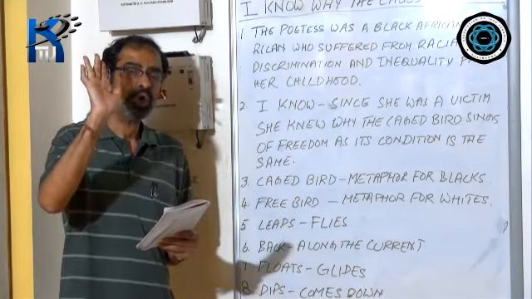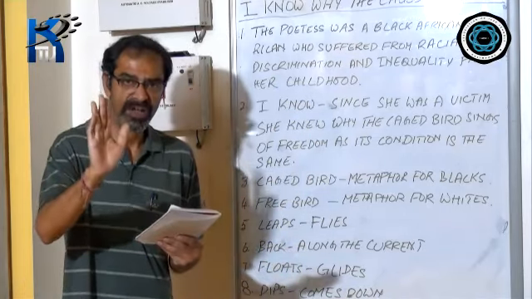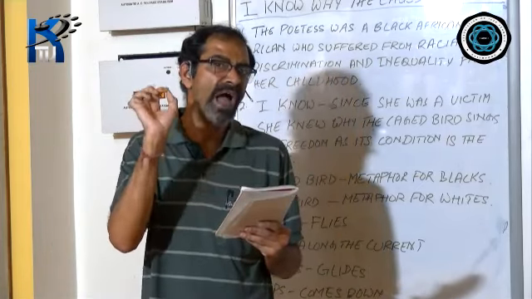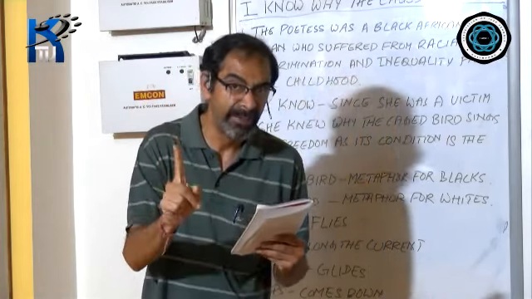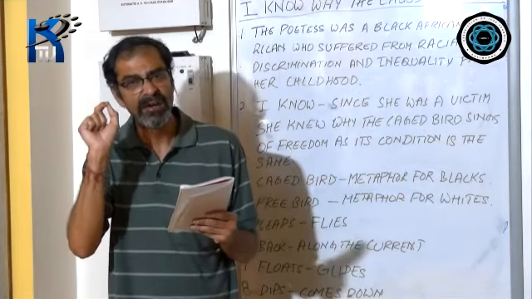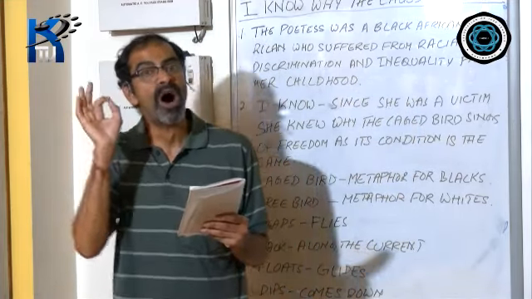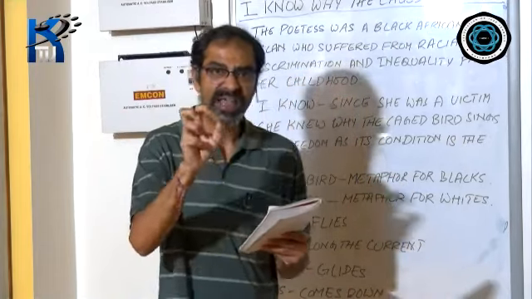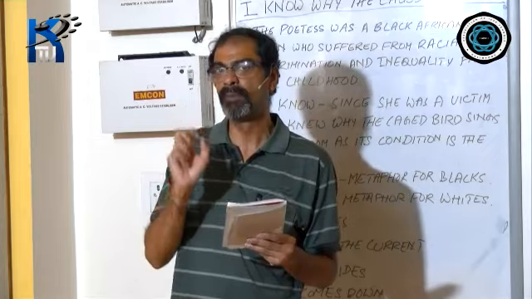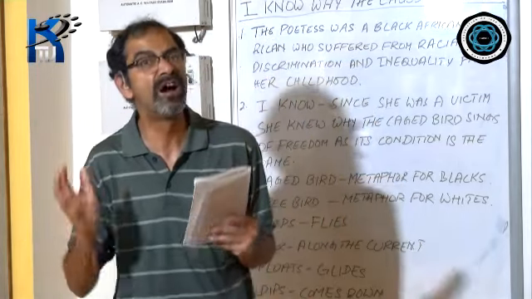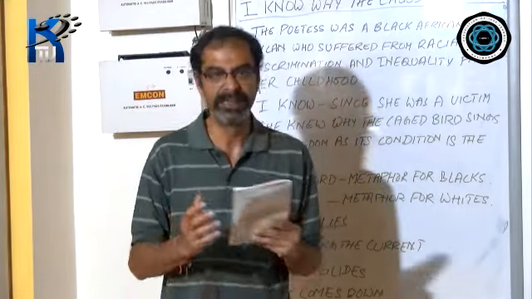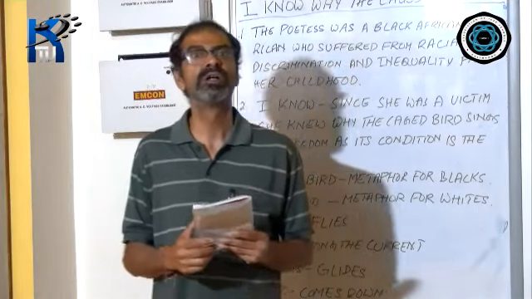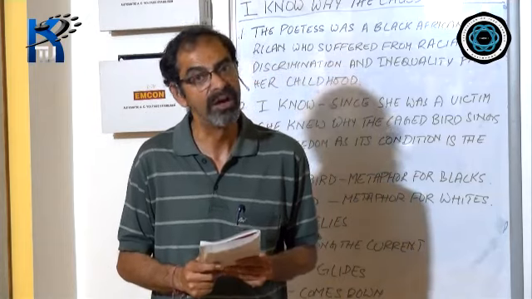Now, before we come to the first stanza of the poem, you will have to be very, very careful. I repeat, you will have to be very, very careful with the words that are used in the poem. The words have been picked and chosen by the poetess very carefully, methodically, because the words highlight what she wants to convey.